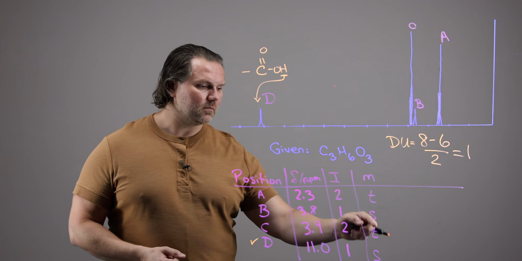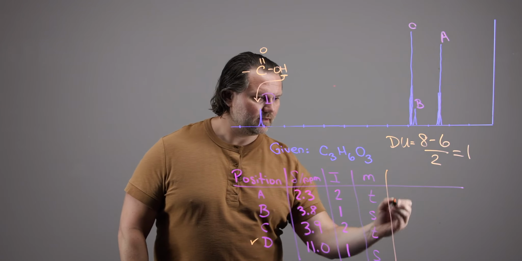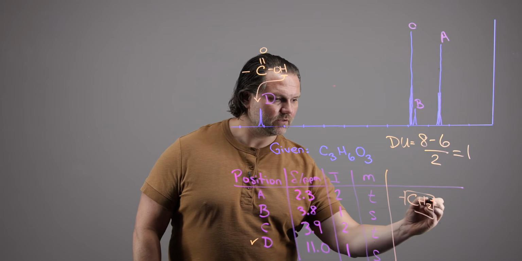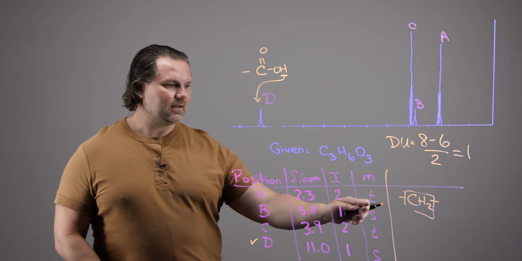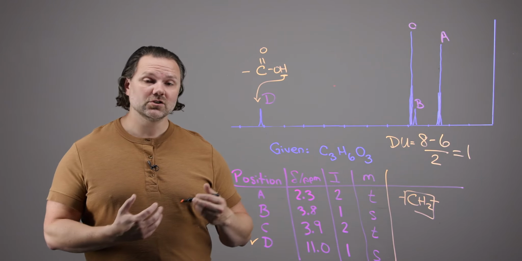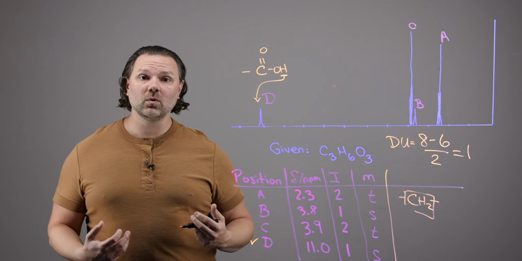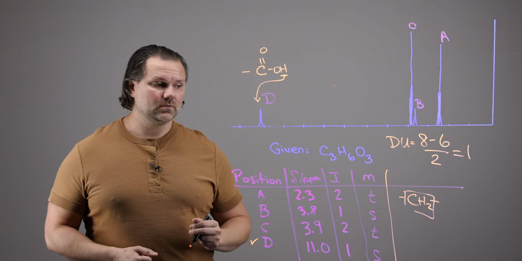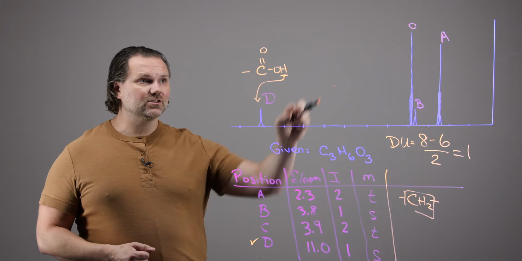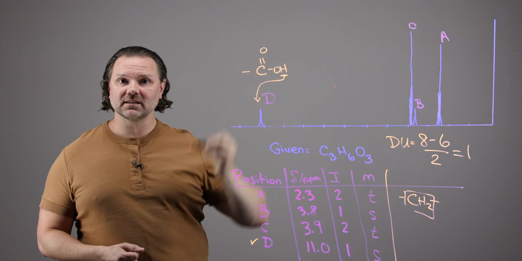Thinking about our multiplicity, A being a CH2 group will have 2 bonds to it, and because it's a triplet, it's going to have 2 neighboring protons. That could be a CH and a CH, or a CH2. Now, it can't be directly attached to this proton because that one's on the oxygen of the carboxylic acid.